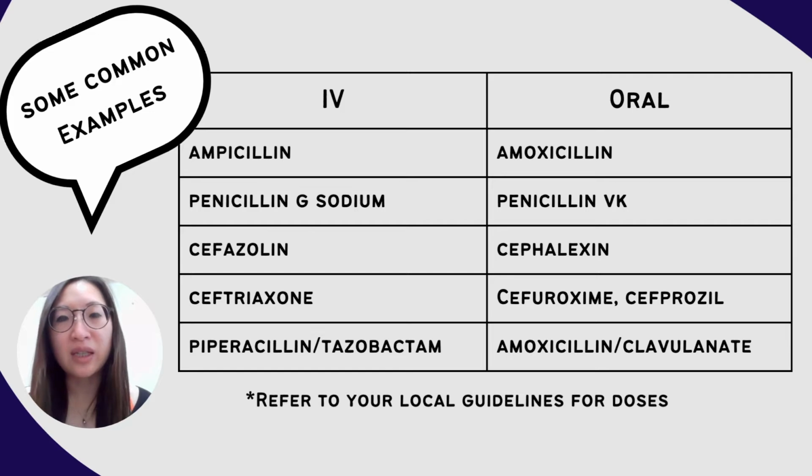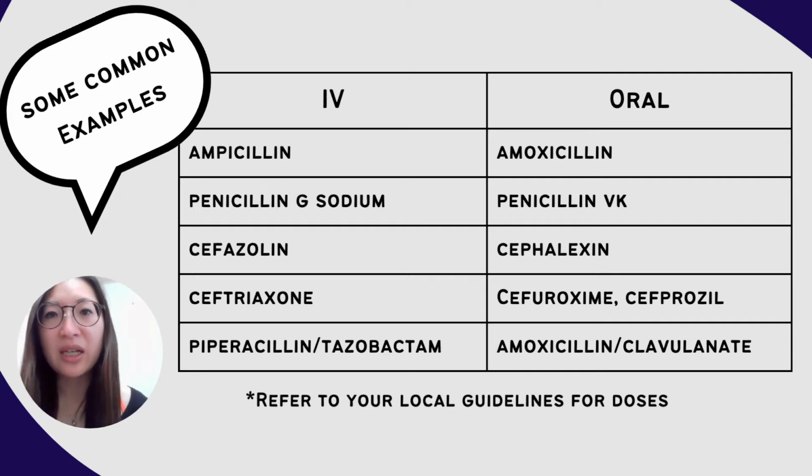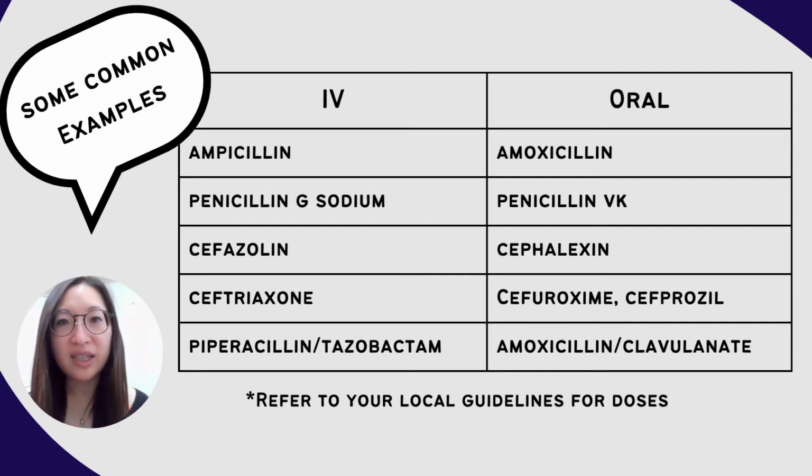In this example, the spectrum of activity is a bit narrower with the switch from third to second generation cephalosporin, so hence it belongs to the step-down type. And lastly, I listed here switching from IV piperacillin-tazobactam to oral amoxicillin-clavulanate.